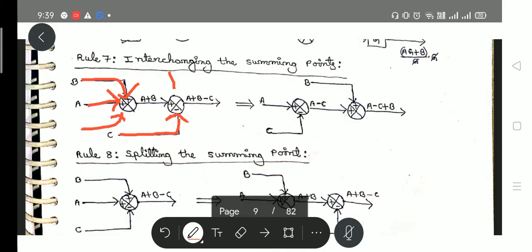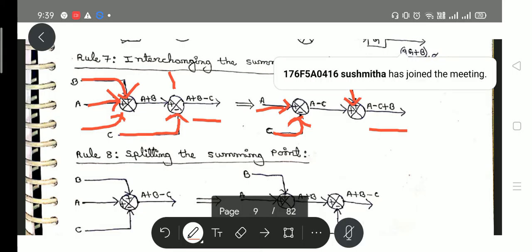I am interchanging the summing points. What will we get? A plus B minus C here, and here A minus C plus B. The output of the function is the same. Both are the same.